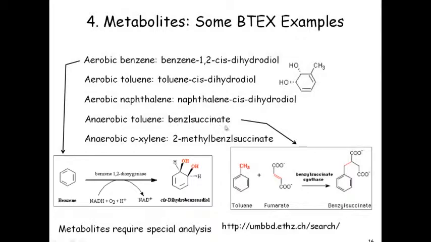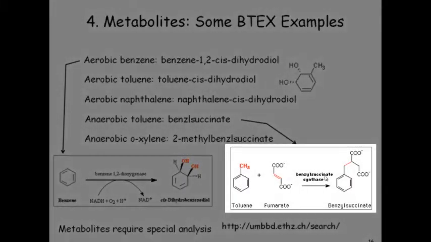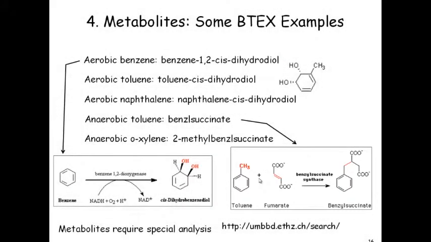Similarly, benzyl succinate is distinctive for the degradation of toluene, but under anaerobic conditions. Unfortunately, many other metabolites are not unique. So it'll tell us that some degradation is occurring. It may not tell us which chemical is degrading. It may not be specific as to the environment in which the degradation is occurring.